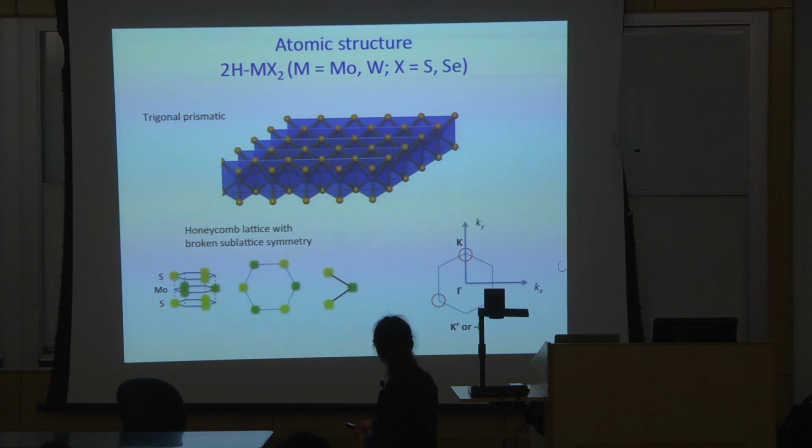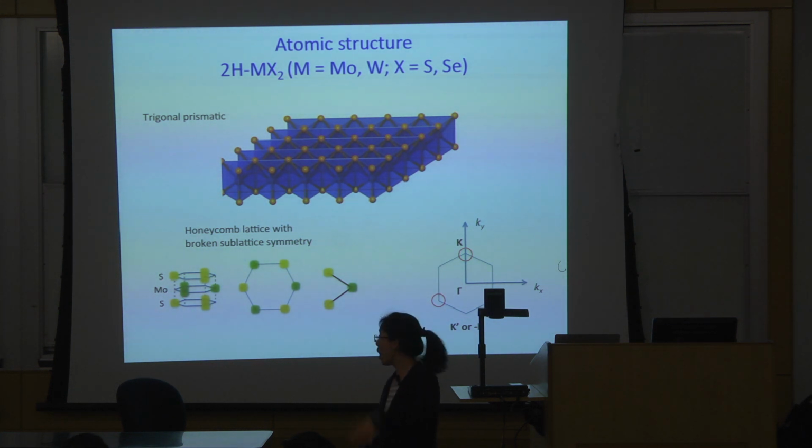So let's take a look at the atomic structure. This has a trigonal prismatic structure. The transition metal is sitting in the middle, and it has 3 sulfur or selenium atoms on top, and another 3 at the bottom. This is like a side view.